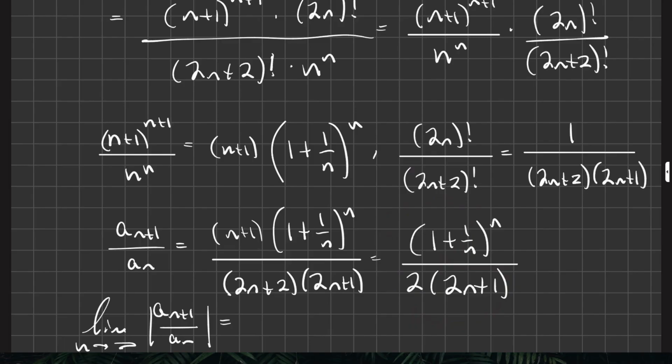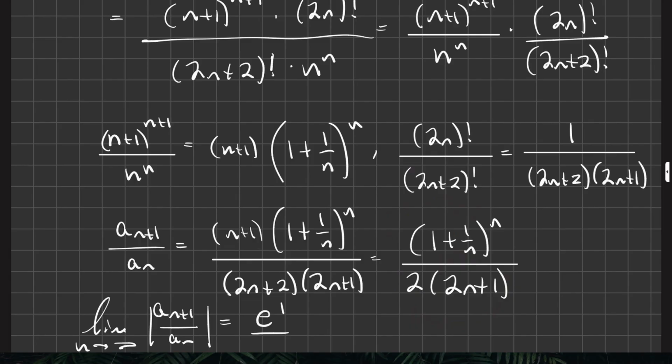The limit of this we saw earlier in the semester, this is actually e. Specifically, this is e to the first power, which is just e. If you don't remember how to do that limit, I would recommend going back a few homeworks and looking at that limit. But we can use logarithms to take that n out of the exponent and then do all the logarithmic limit work to get to this solution.